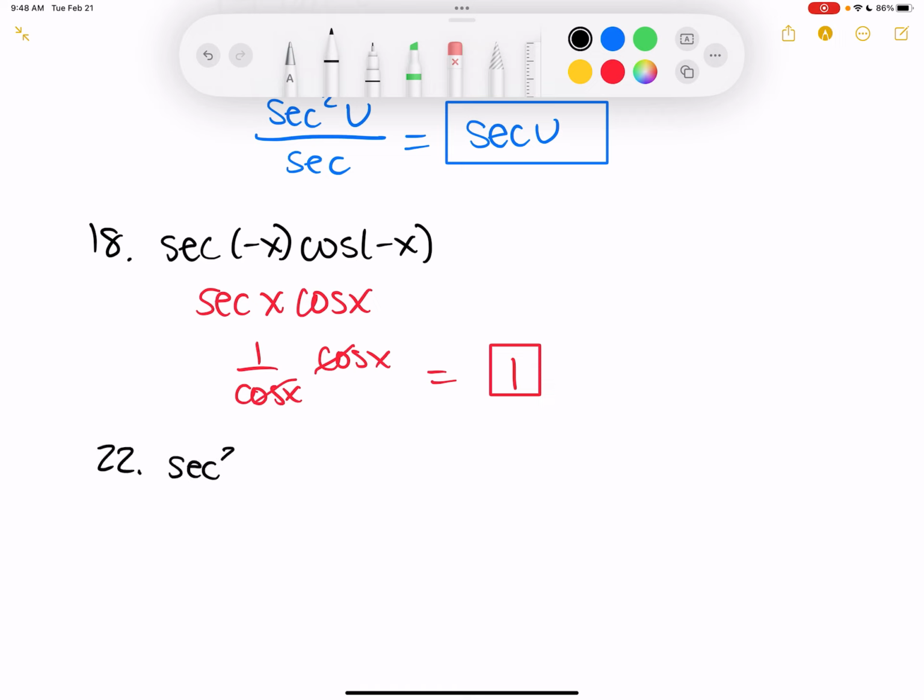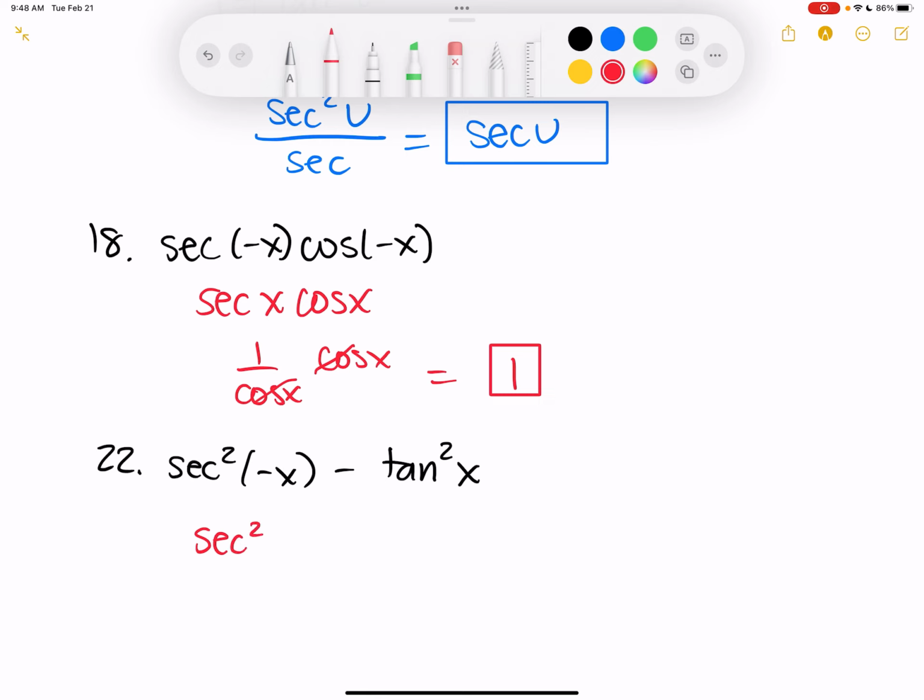Secant squared of negative x minus tangent squared of x. Can we turn that into secant squared, like get rid of the negative? Yes.